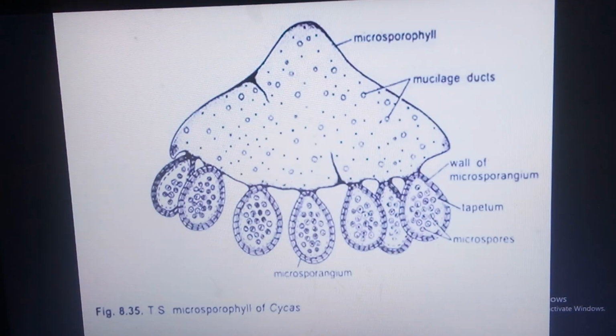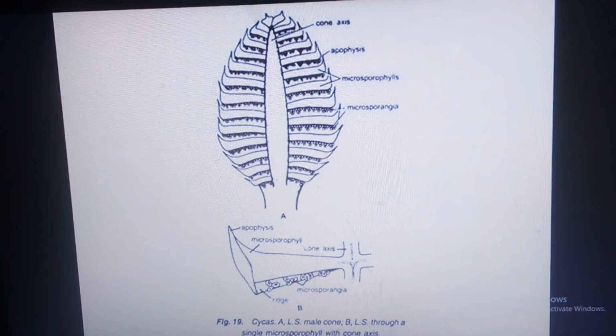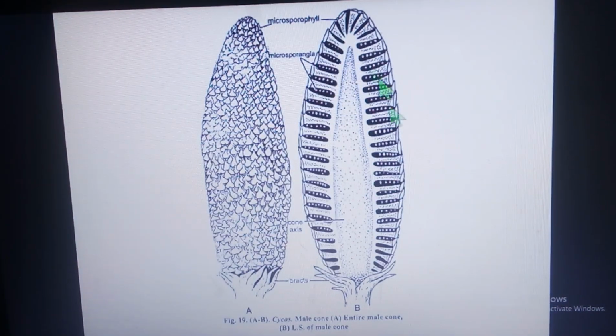Now what happens here, just take a look at this diagram. At maturity, this central axis will elongate so that these compactly arranged microsporophylls become separated.